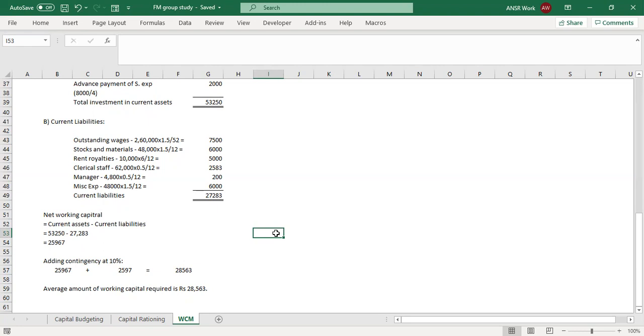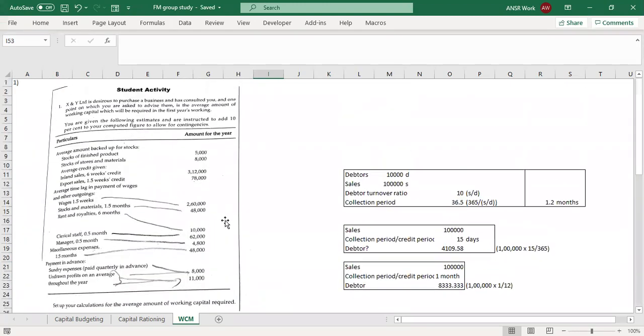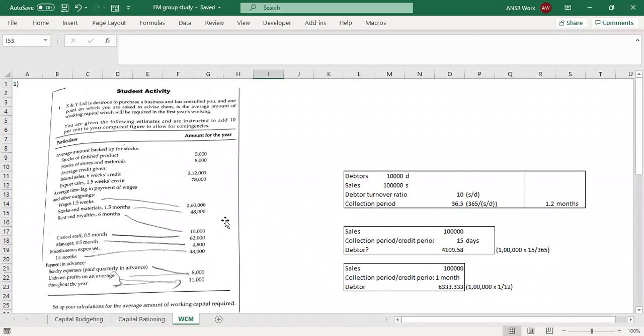As and when you practice and revise that concept a lot, what is an asset, what is a liability, it gets clearer to you. And here it's very easy to figure out because it's given in a detailed form. From the meaning of it, you get to know what exactly is happening. Instead of just one word, they're saying in detail: average time lag in payment of wages and other outgoings.